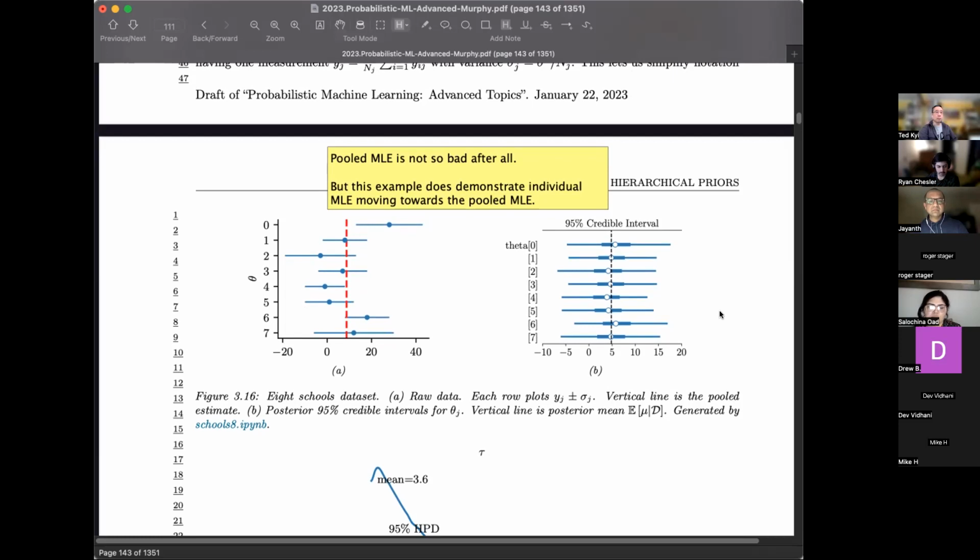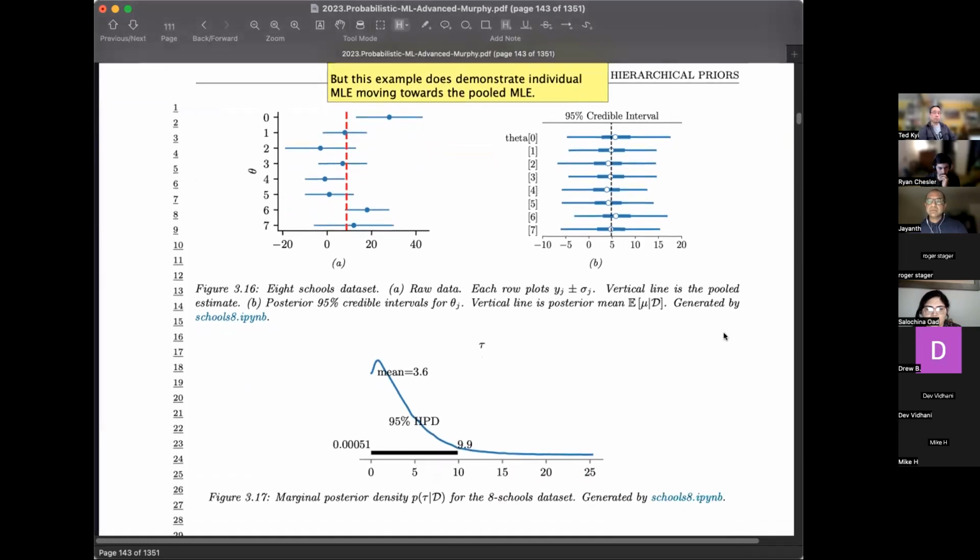And there's more shrinkage for groups with smaller precision, which is higher variance because of the smaller group size, which is the intuitive argument for using this approach. Okay, great. Thanks for those.